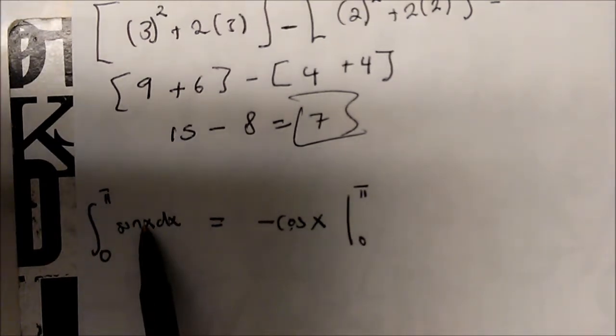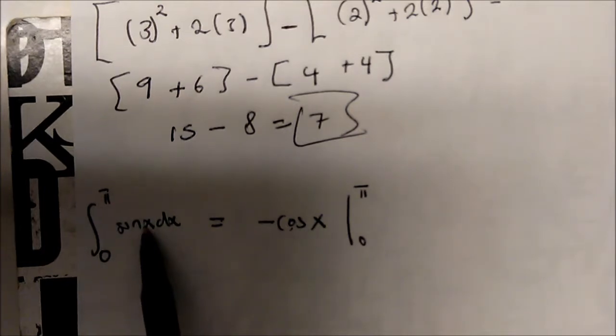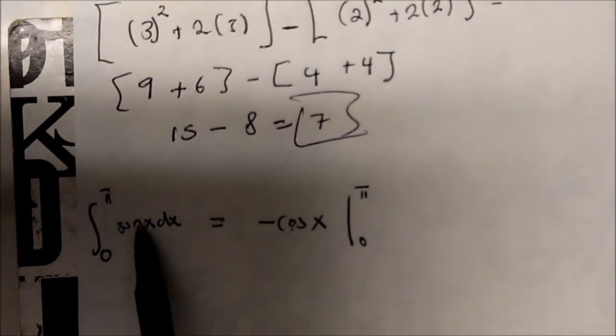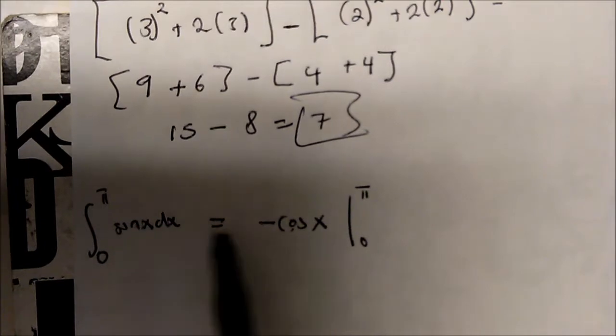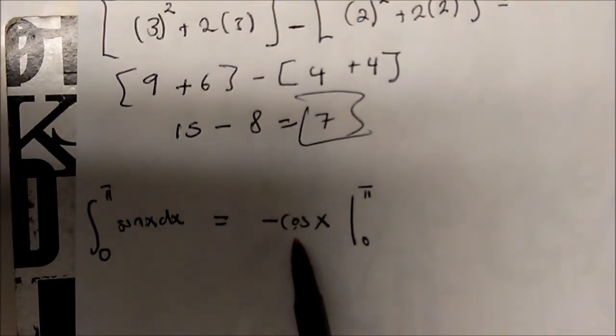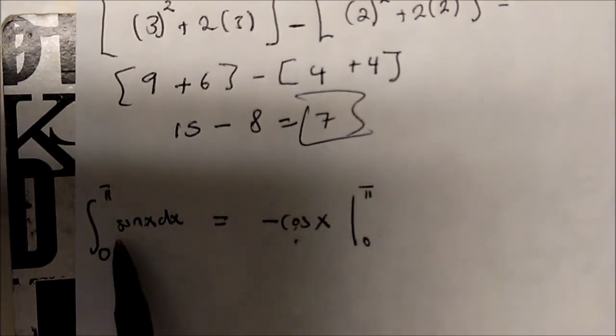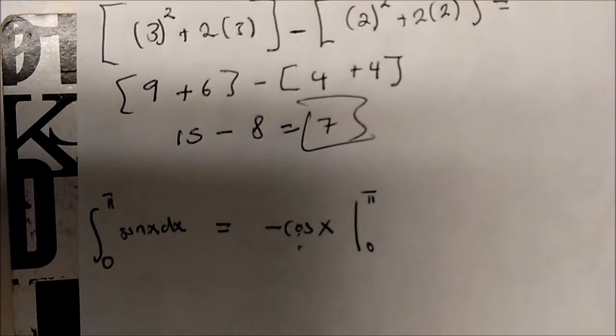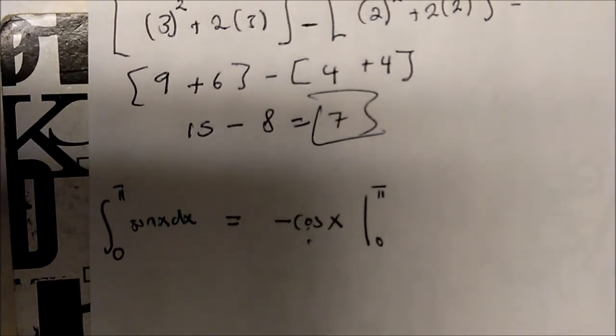So here's a trick, guys, with trigonometric functions. Whenever you take the antiderivative, take the derivative of the antiderivative and see if you actually got the original function that you started with. So when I take the derivative of cosine of x, I get negative sine of x, but I also have a negative here. My sine of x is positive, so this is the reason why I need a negative here. That was just a quick review.